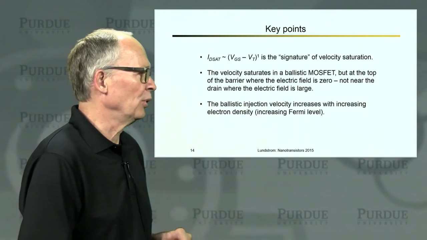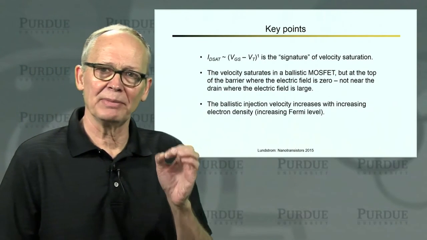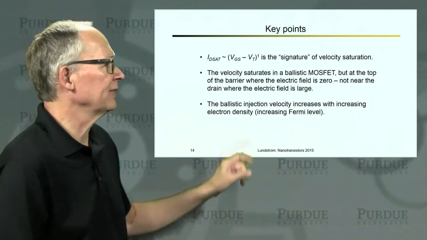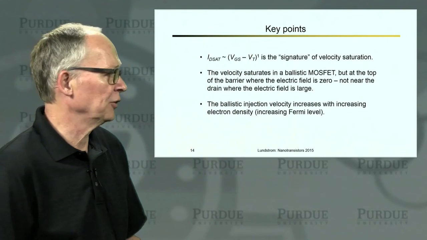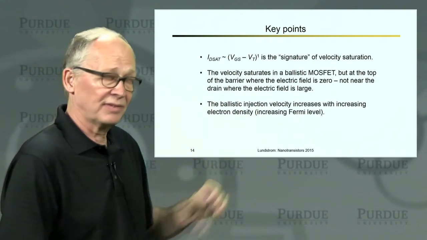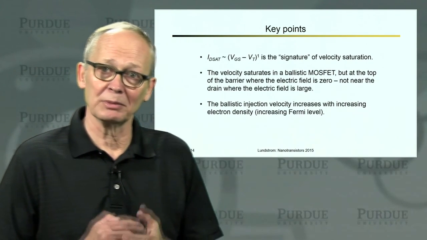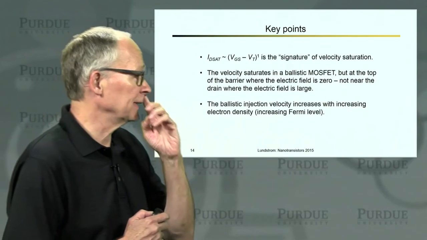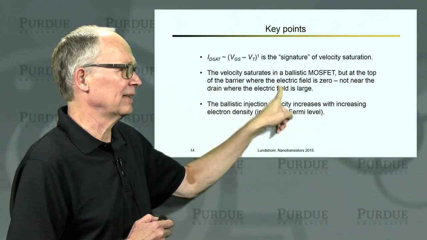So these are the key points. The signature of velocity saturation when we measure the IV characteristics of a MOSFET is that the saturated current goes linearly with Vg minus Vt. The velocity saturates in a MOSFET, which was really a bit of a surprise to people when we first started looking at ballistic MOSFETs. But it saturates not at the drain end, but at the top of the barrier.